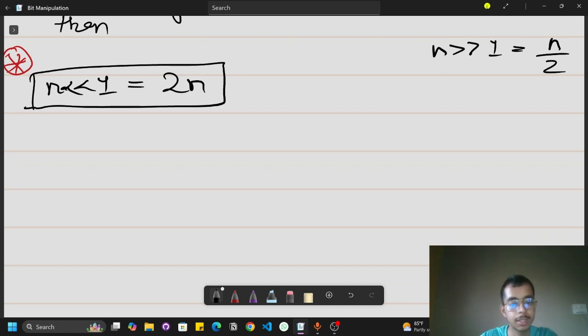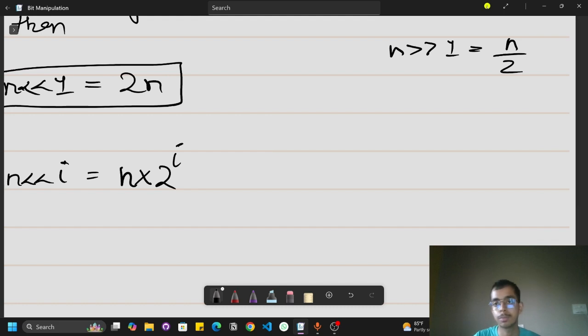If I left shift by i, then the first time the number doubles, the second time the number again doubles, and again doubles. So it will be n into 2 to the power i. Here also, for right shift by i, it will be n by 2 to the power i.